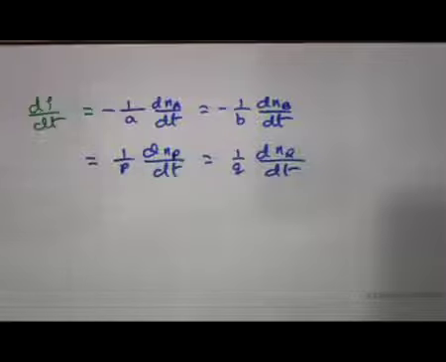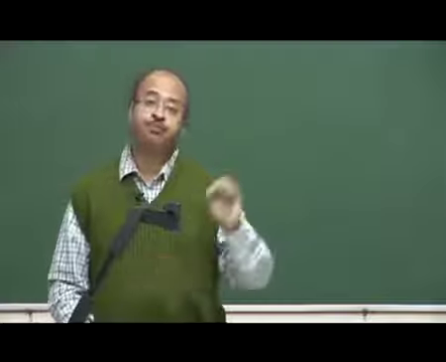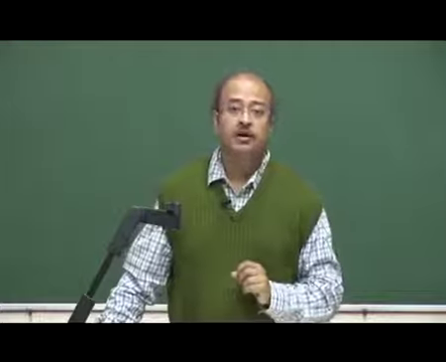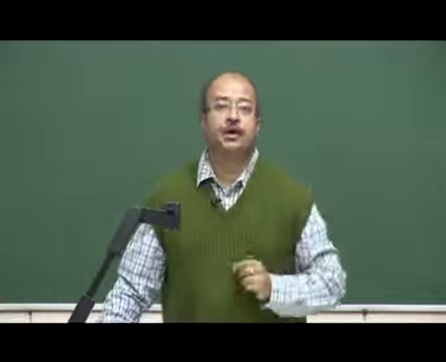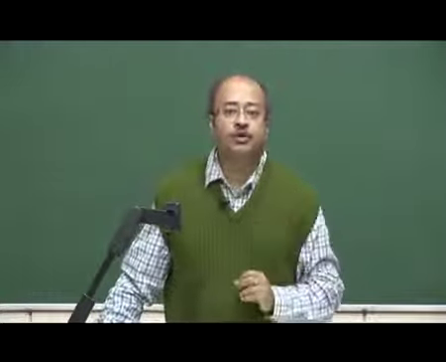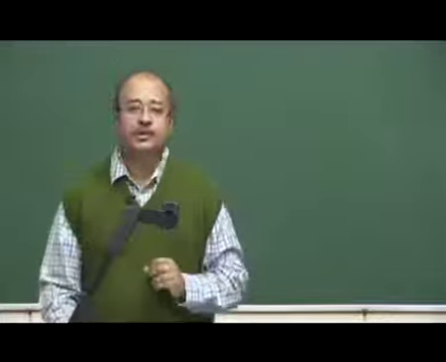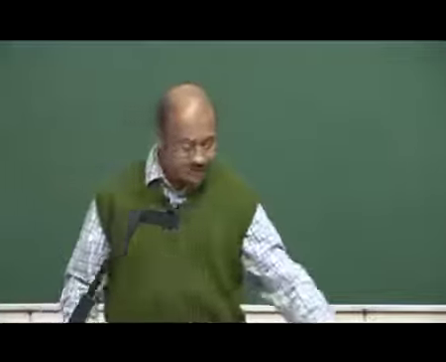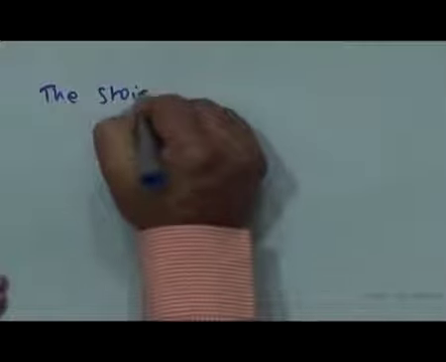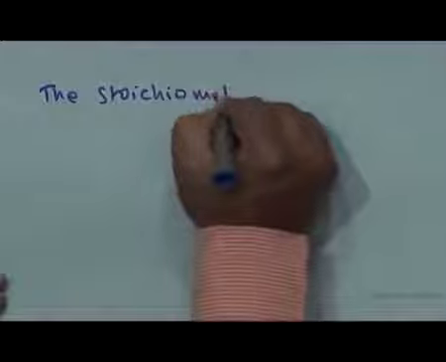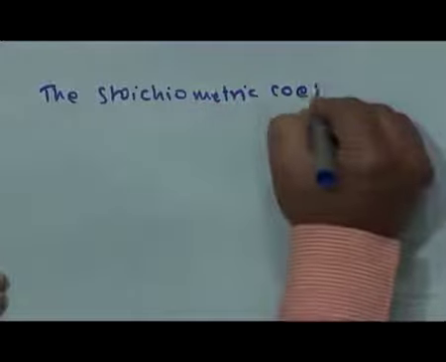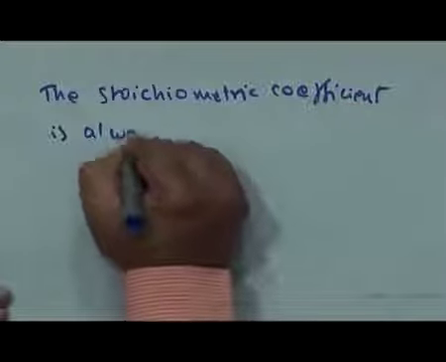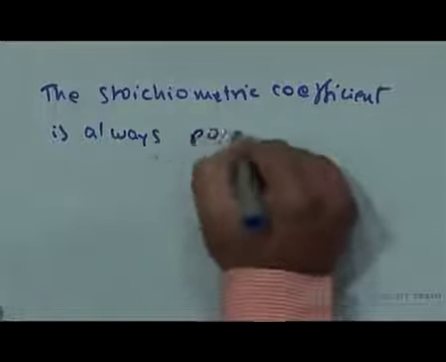Never forget this: the stoichiometric coefficient associated with the reactant is a negative number, that means it is associated with a negative sign, while the stoichiometric coefficient for the product species is associated with the positive sign. Again, just to clarify what I said just now, the stoichiometric coefficient is always positive.